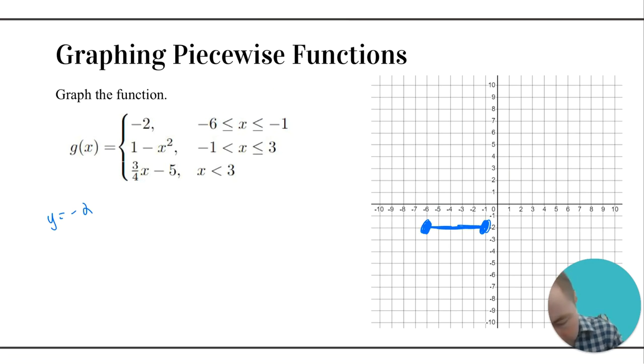And then for the next little part right here, the domain is going to be between -1 and 3. So we're really looking at this little portion of the graph, right? And in that portion of the graph, what we want is the equation y equals 1 minus x squared, right? So you can make a table of values if need be, but ultimately this should just be a parabola that is shifted up 1 and also upside down, right?